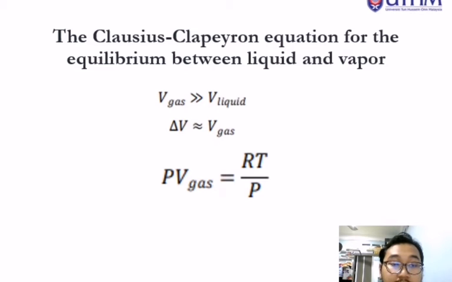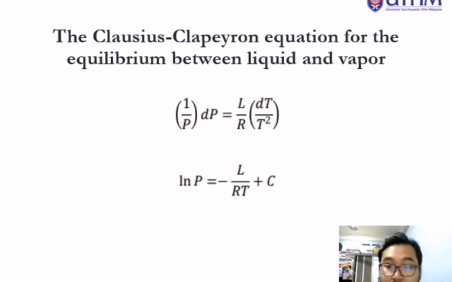When we apply the ideal gas equation, we get this equation on my slide. R is the universal gas constant. When we integrate both sides, we get ln P equals negative L over RT plus C, where C is a constant.